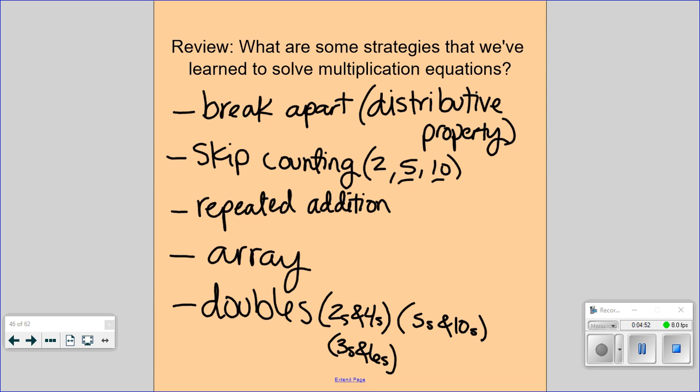That's pretty tricky. So you're at the point now where when you get a multiplication equation, you're going to have to choose which strategy makes the most sense. Because sometimes doubles will work. Sometimes break apart. Sometimes good old-fashioned skip counting. You get to make that decision now.